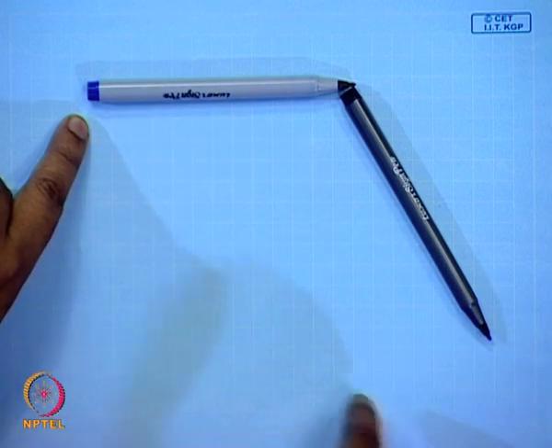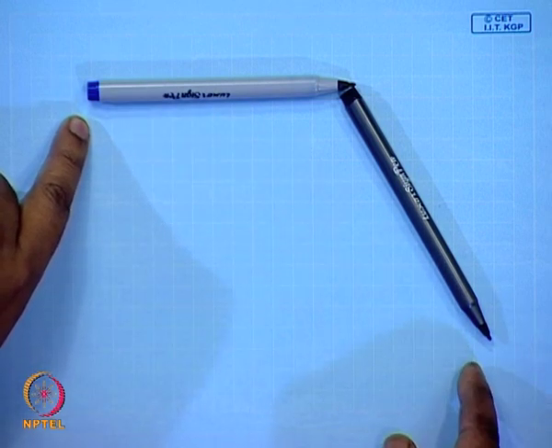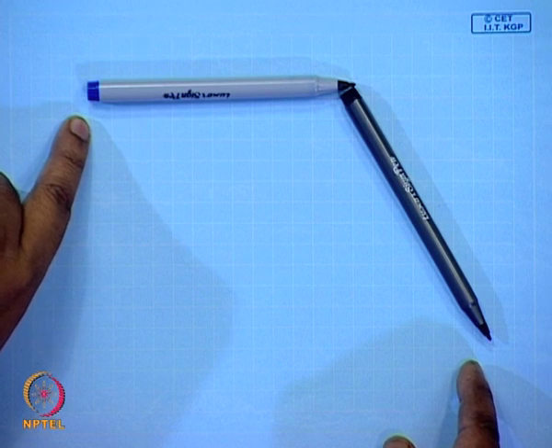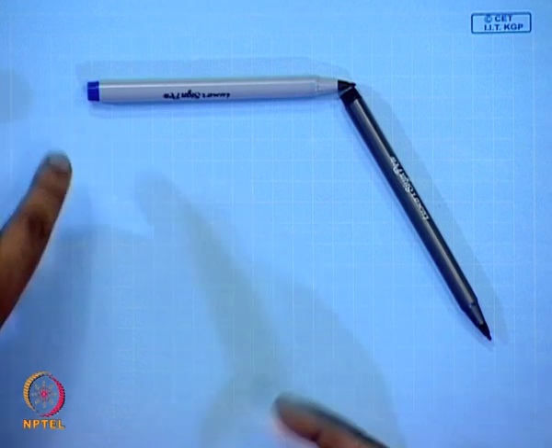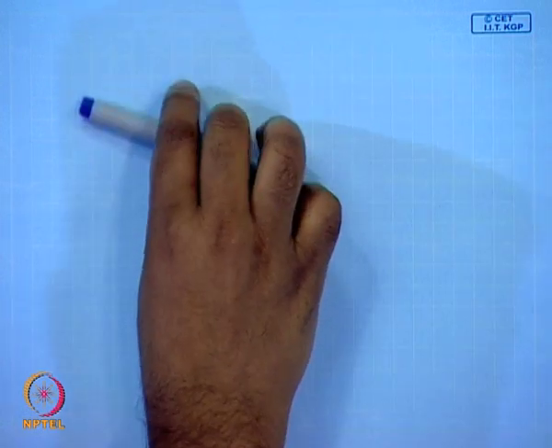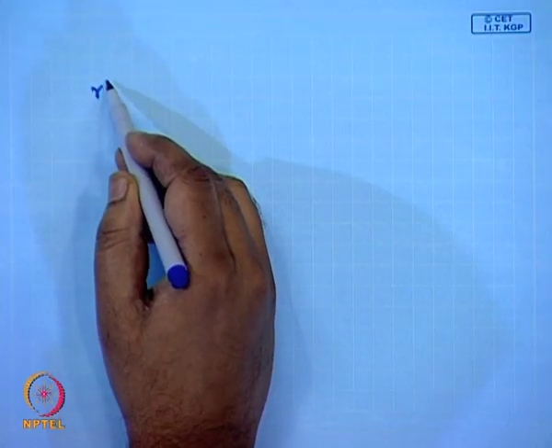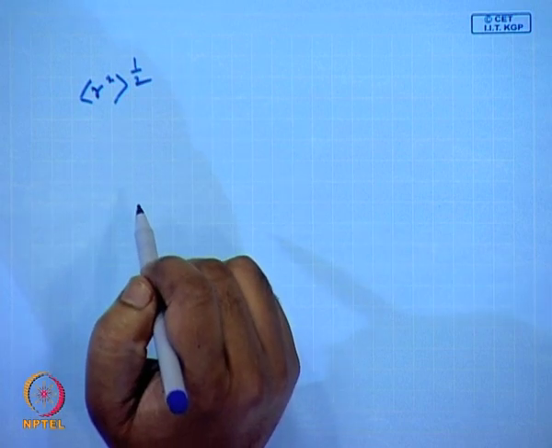Because of this restriction, you can understand that the time average, root mean square end to end distance will increase from here to here. So for this restriction, you will have an increase in the root mean square end to end distance.